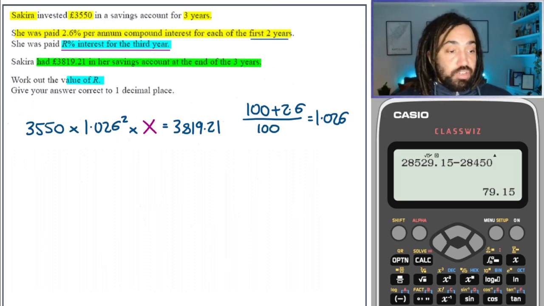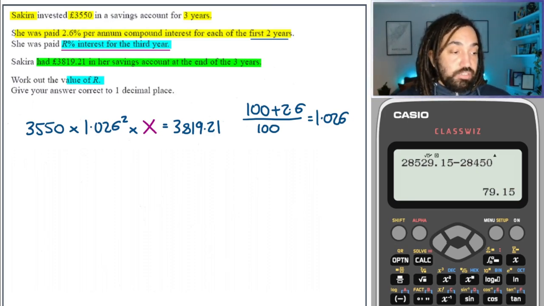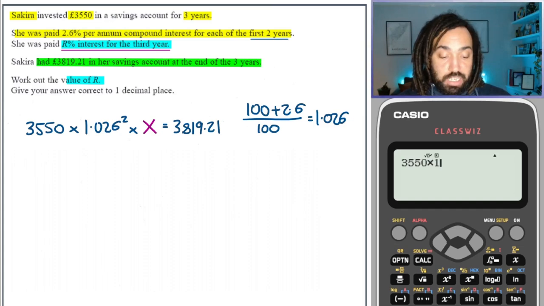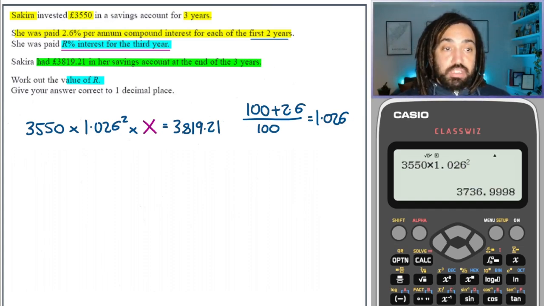Okay, so let's simplify this equation as much as we can, because on the left-hand side, we can multiply how much she started with by the first 2 years, like so. So this gives us, on the left-hand side, 3736.